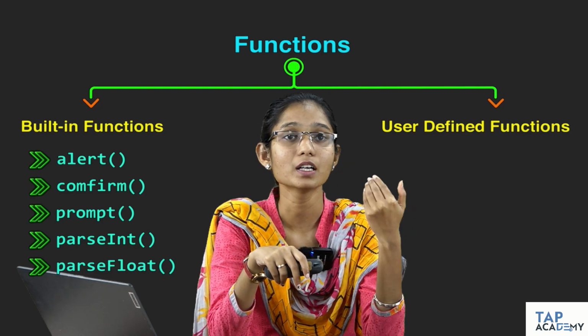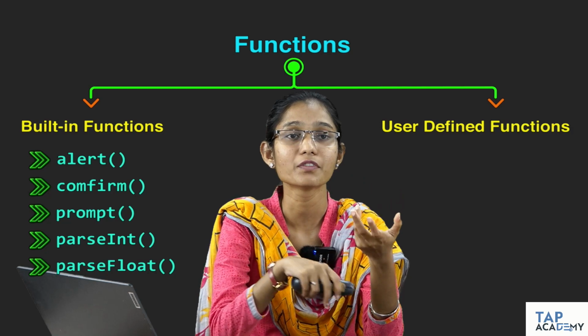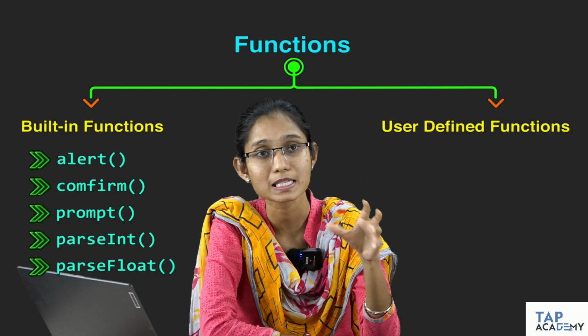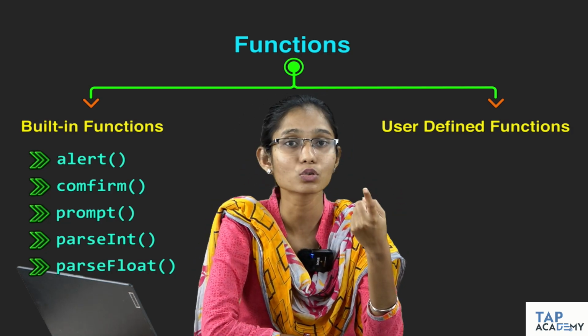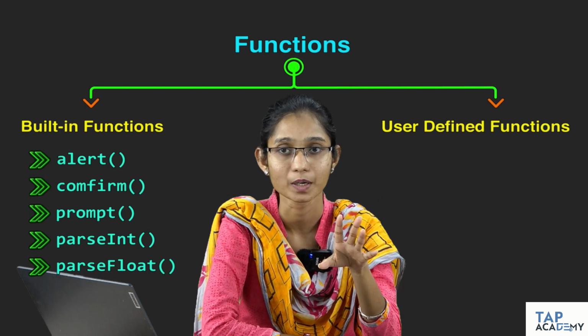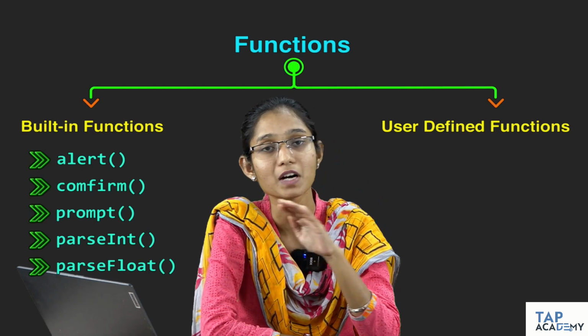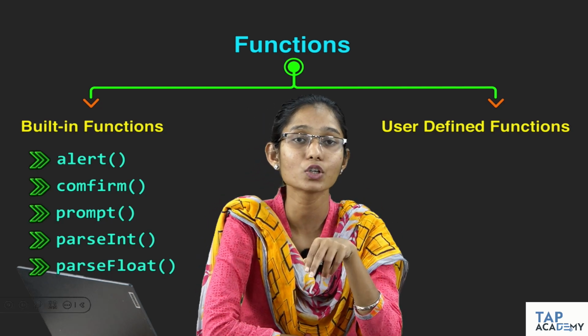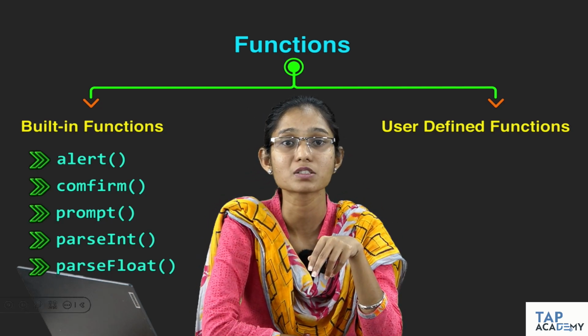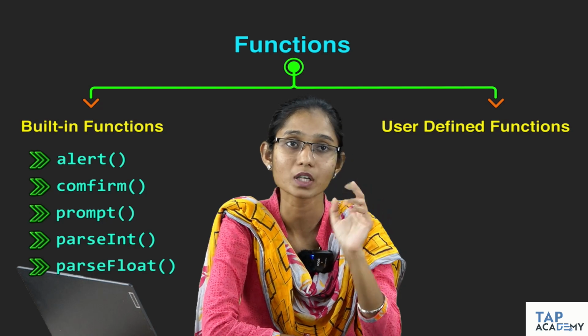So that is why, whenever we are taking an input in terms of decimal points, we have to go with the float. Otherwise, there is a chance that you will lose data, and the values will be truncated whenever you try to accept the values in terms of decimal points.